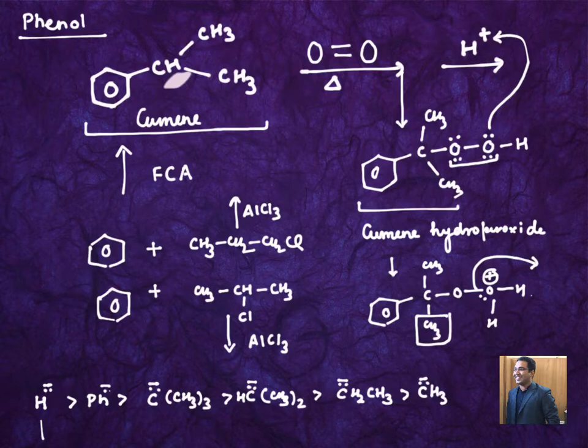So we understand very clearly that in this sequence, the group which is going to migrate is the Ph group.